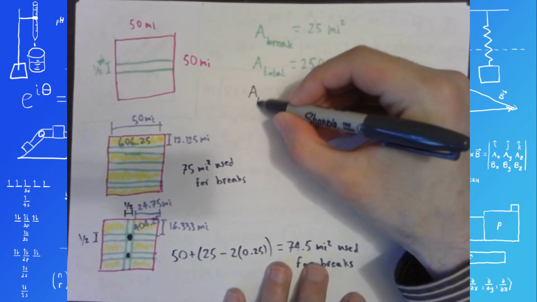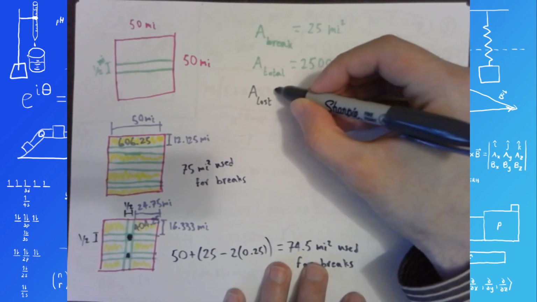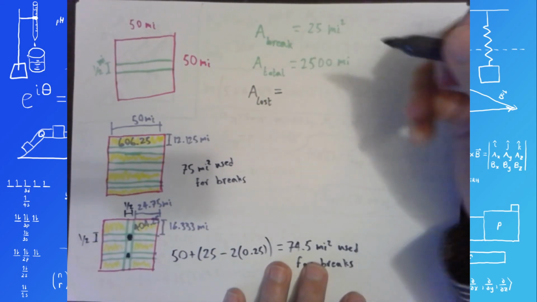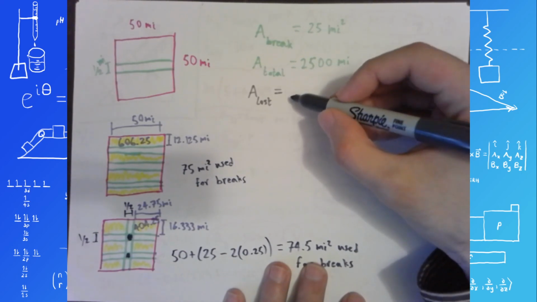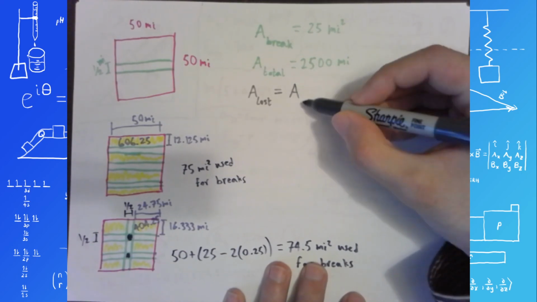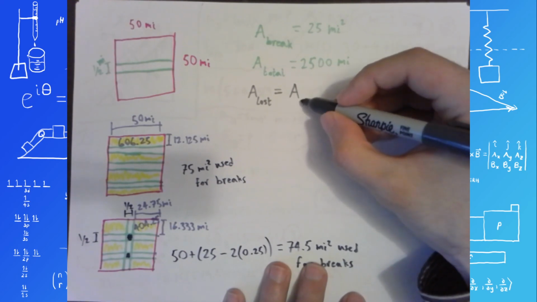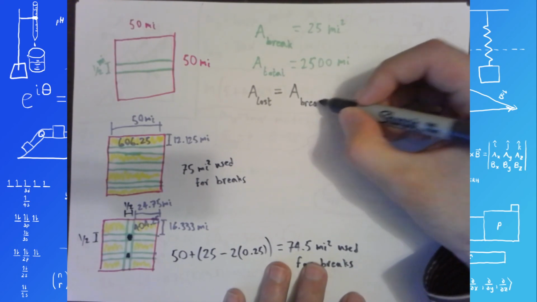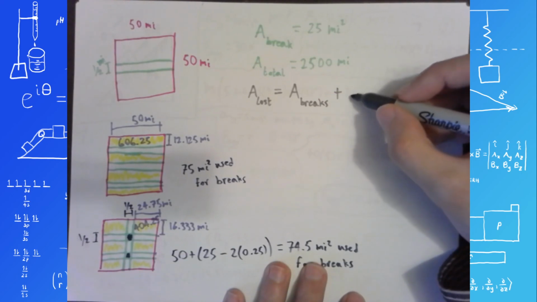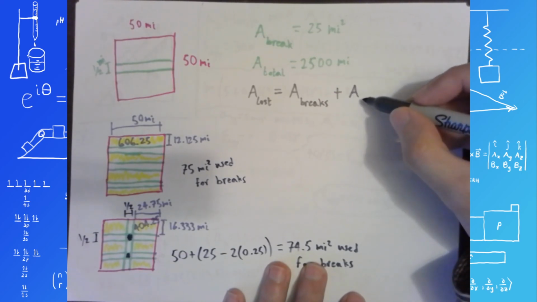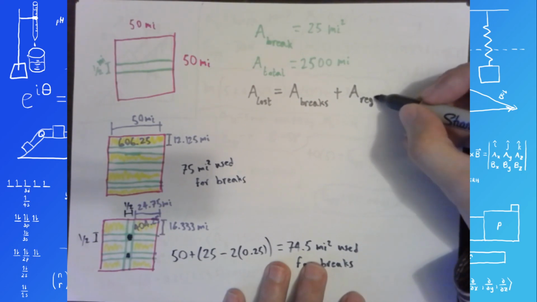A lost is equal to area of brakes. I'm trying to come up with a good name for it. I guess I'll just use brakes, plural, plus area of, I guess, I'll call it area of a region.